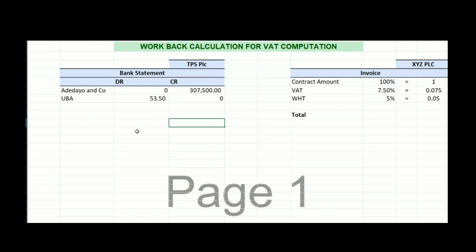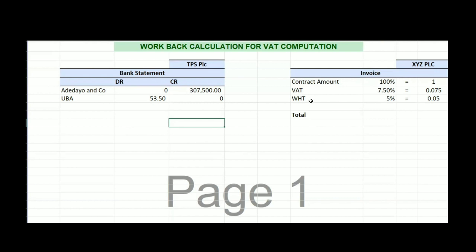So now how do we do this? We assume that our invoice will carry the contract amount, or let me say the subtotal of the service or whatever goods were sold, and then it would have the VAT element in it.